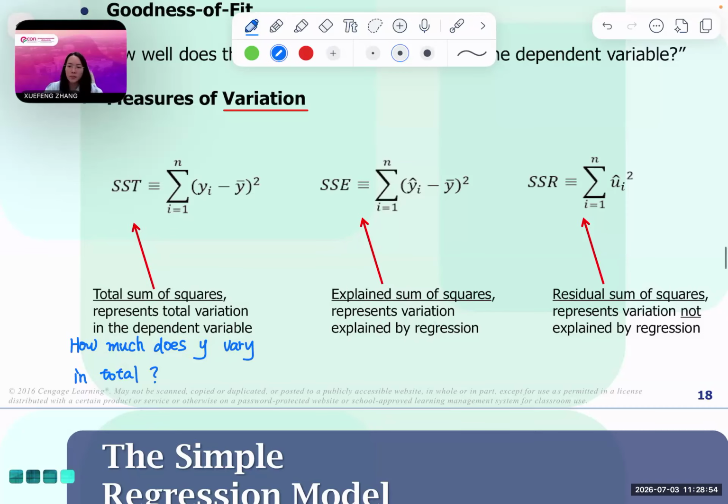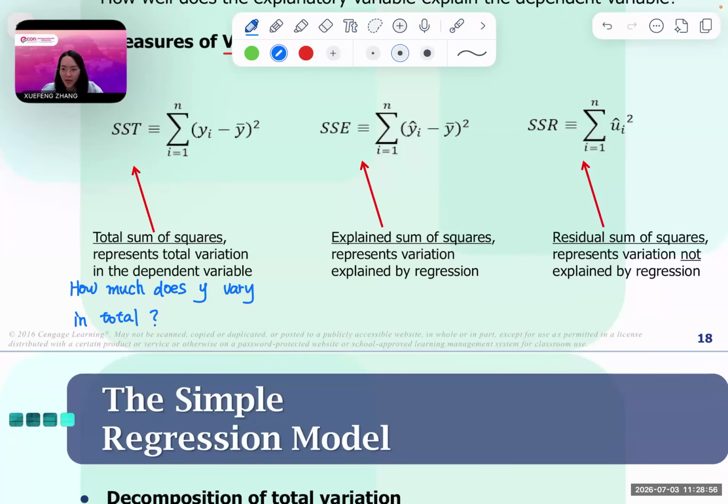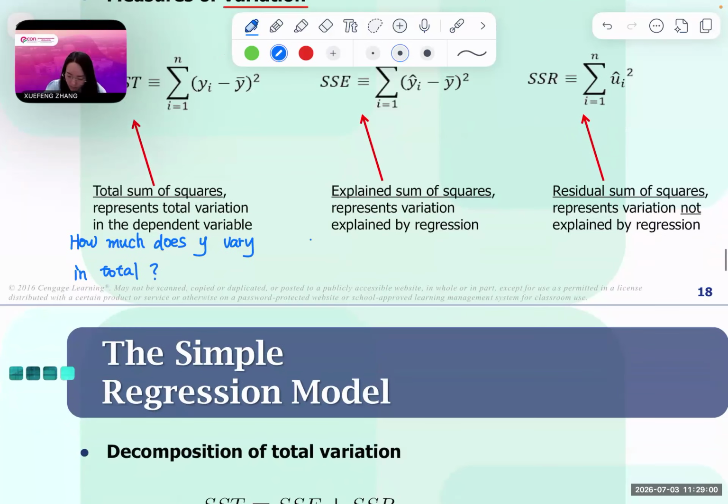Or it means how much of that variation does our line explain?